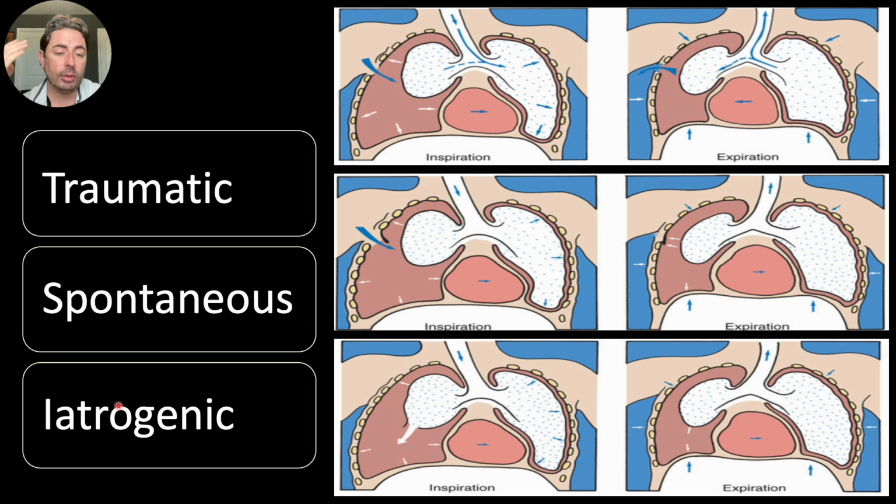With all three of those conditions, their compliance is no bueno, meaning it is really stiff lungs, meaning it takes a lot of pressure just to receive just a little bit of volume. So those patients would be more at risk for an iatrogenic pneumothorax, and we need to be on guard. It is our responsibility for that.